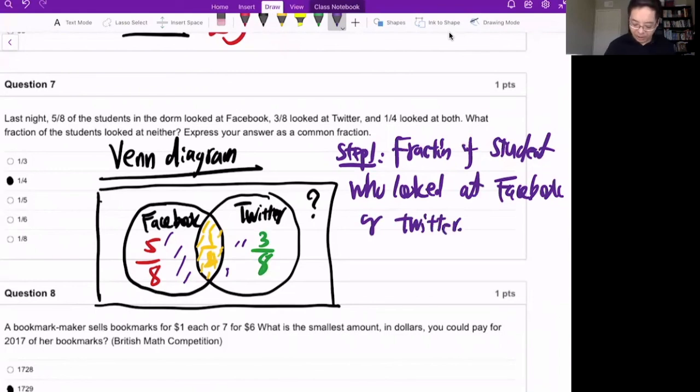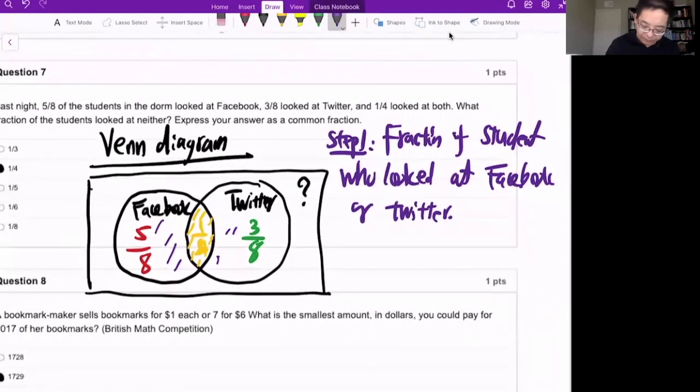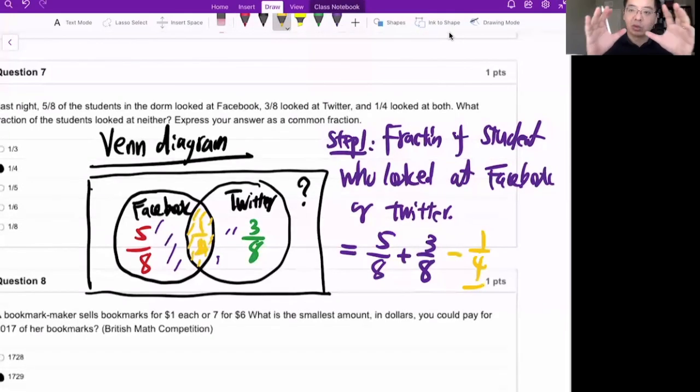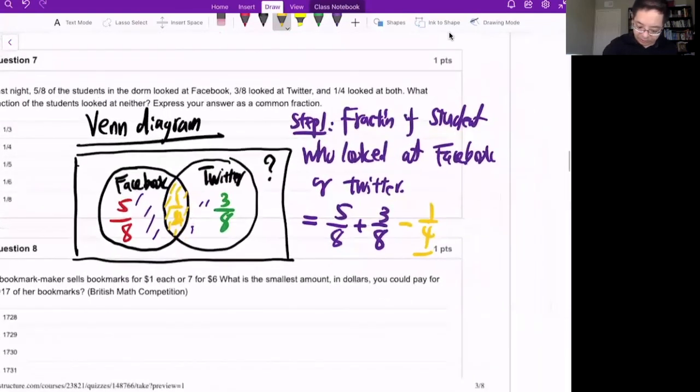If you follow this Venn diagram, it's clear. So this one equals 5/8 plus 3/8, and then we also need to minus 1/4. Now, why do we need to minus 1/4? Because 1/4 is the overlap. When we add these 2 parts together, 1/4 is counted twice. So that's why we need to minus it.